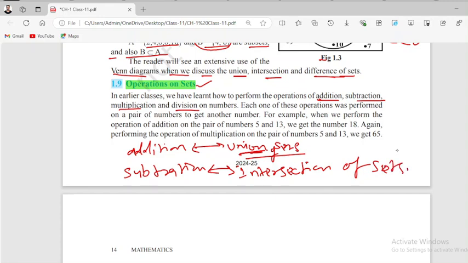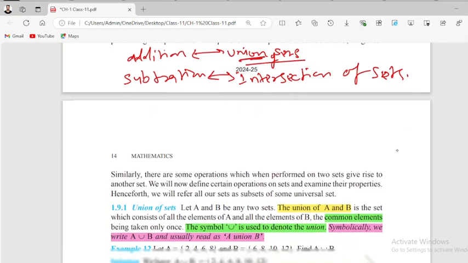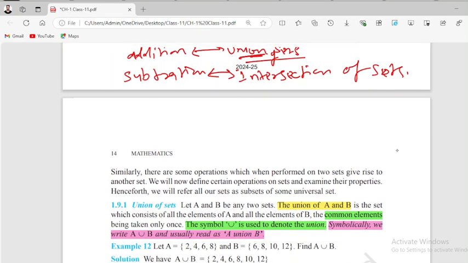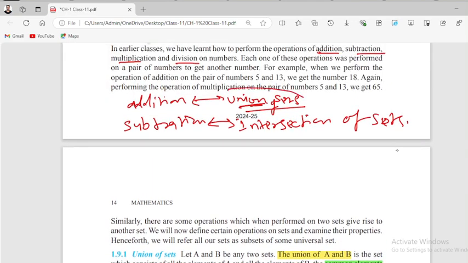We can find the intersection of different types of sets, the union of different types of sets, and the difference also of the sets. So basically these are the operations of the set: union of sets, intersection of sets.